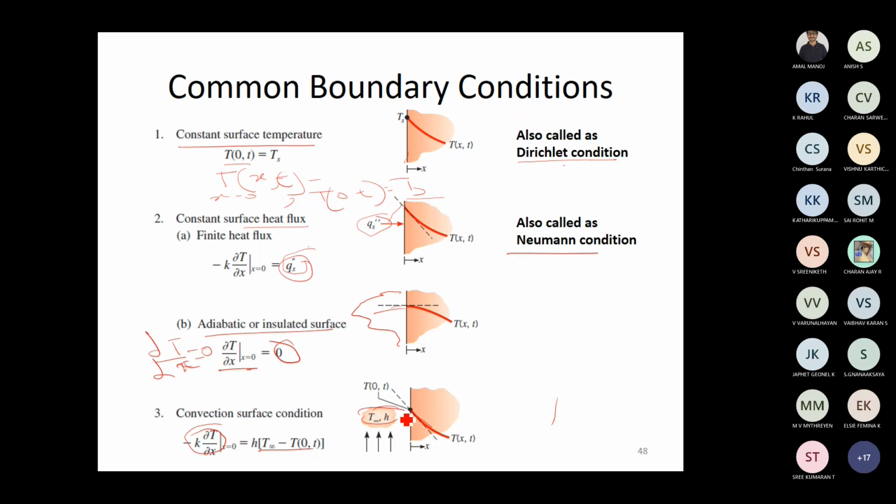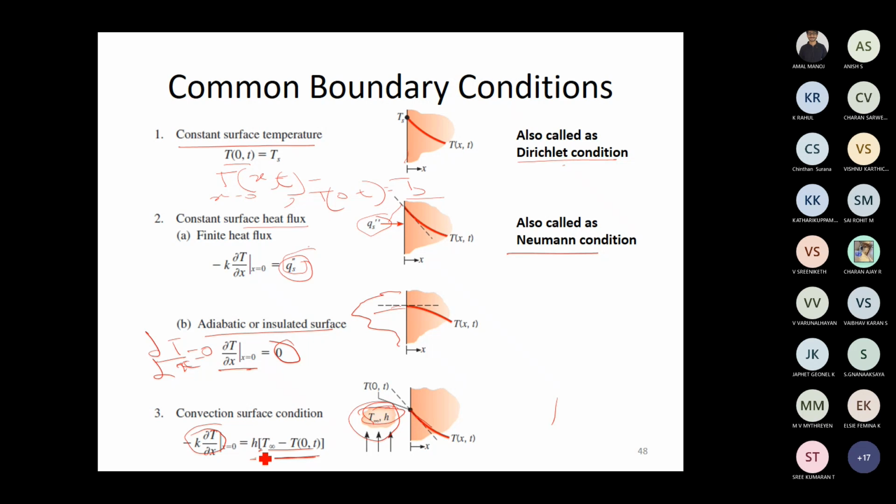That means instead of convection here, if there is radiation taking place, then you will get that boundary condition. How do you do that? In this equation, instead of convective heat transfer, we will use the radiative heat transfer equation. What is that equation? The Stefan-Boltzmann equation.